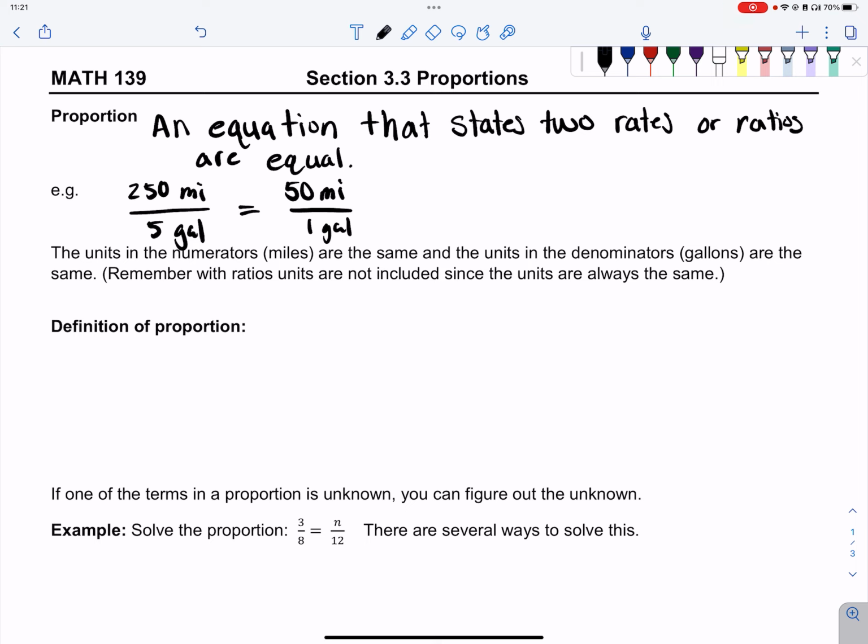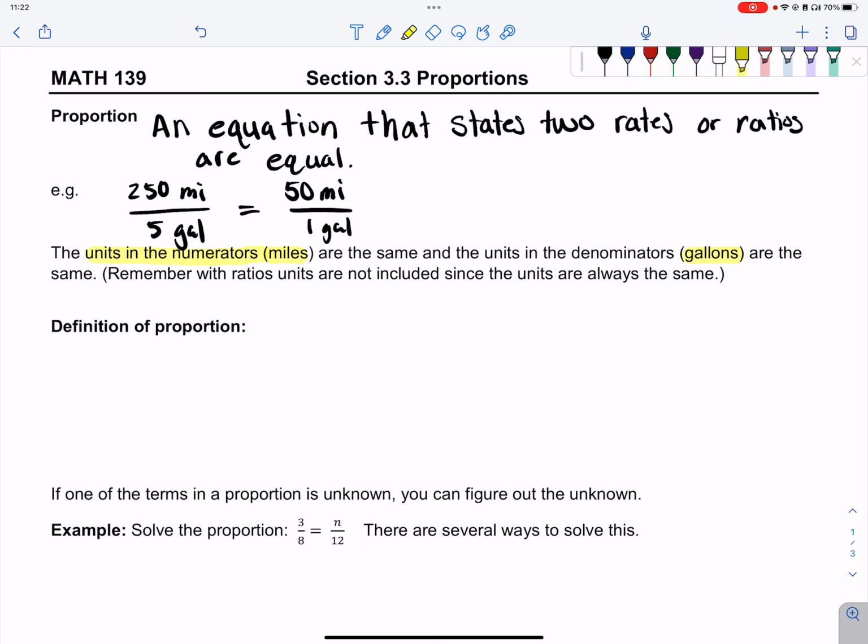One of the important things about proportions is that the units that are in the numerator, in this case miles, have to be the same on both sides of the proportion, as well as the units for the denominator. In this case we have gallons. Those have to be the same on both sides. This is different from our measurement conversions that we did in 3.2, and that's because we are setting these equal to each other.